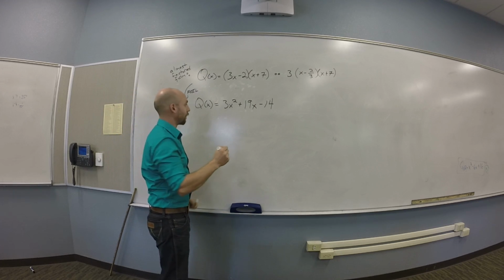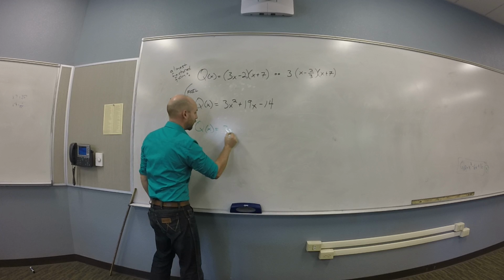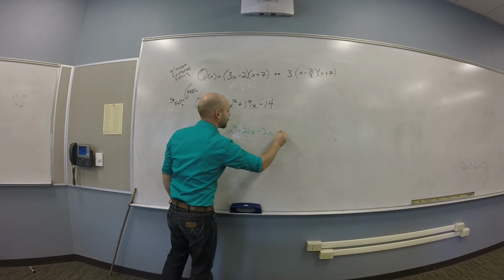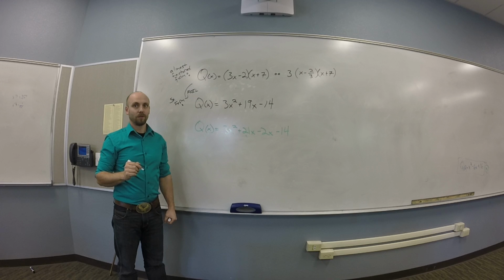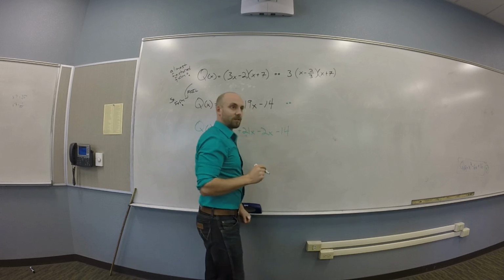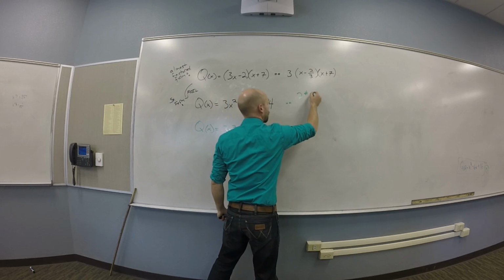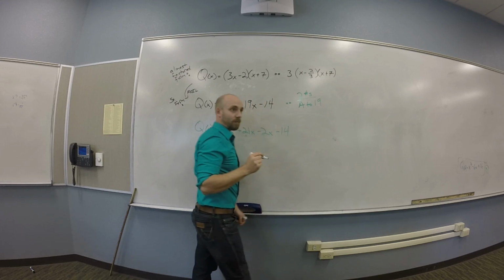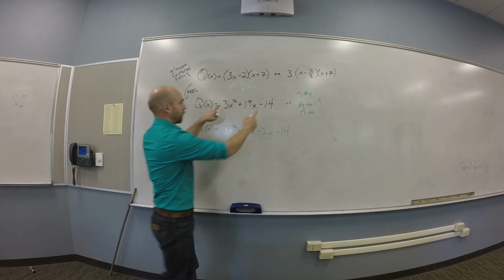In getting back, I'm going to write in a different color. The first thing you want to do is some magic with numbers, which I'll tell you in a second. You want to think about this as plus 21x minus 2x minus 14. The magic thing I did was I looked at my equation and looked for two numbers that add to 19 and multiply to negative 42.